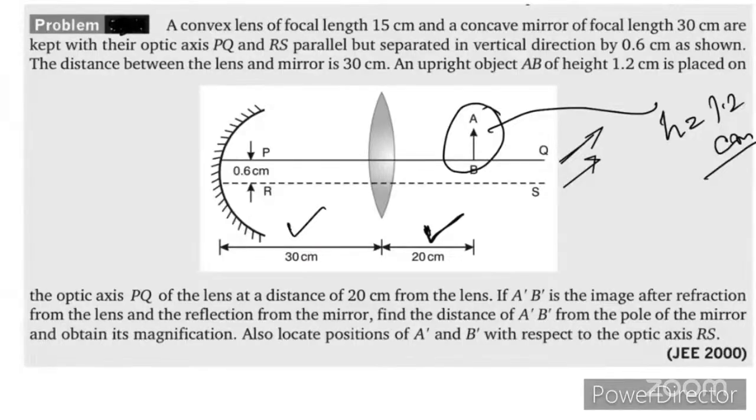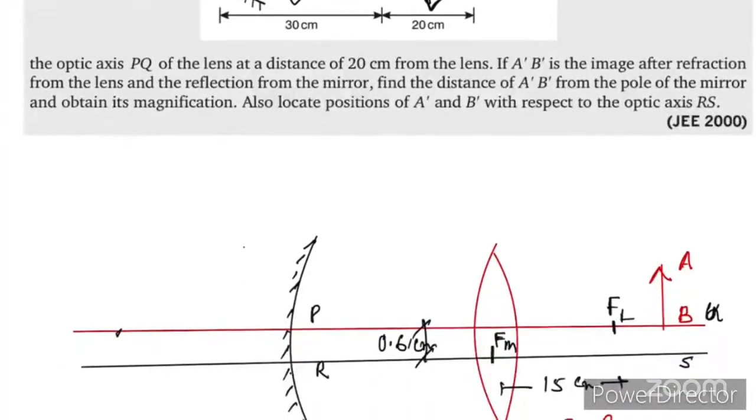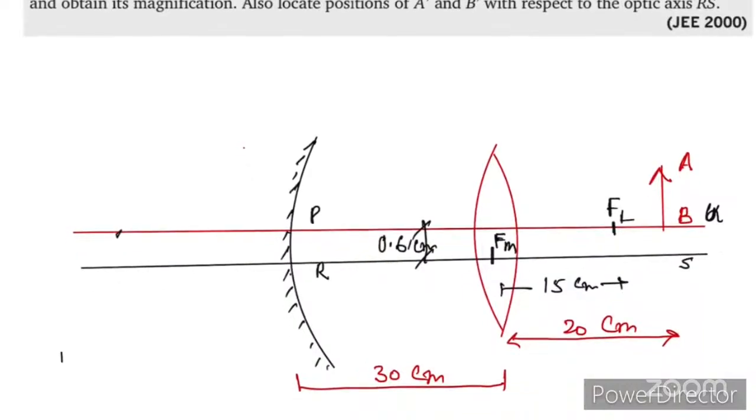This question has come in 2000 in JEE Advanced. This is the same figure I have made for you to avoid any waste of time. In this figure, you must be seeing all the parameters.